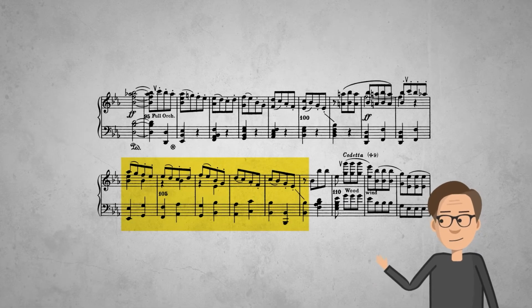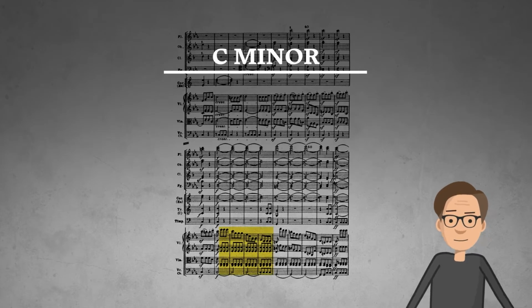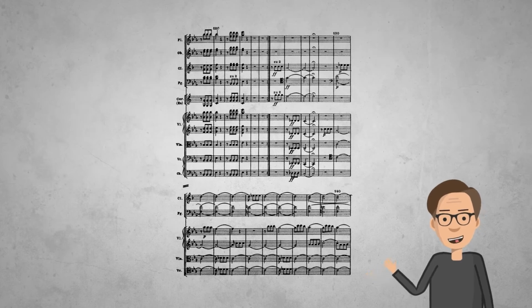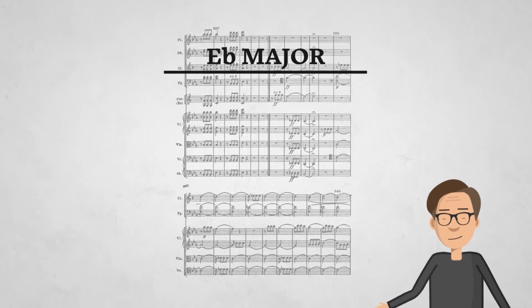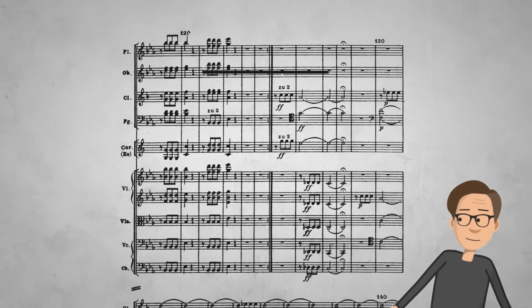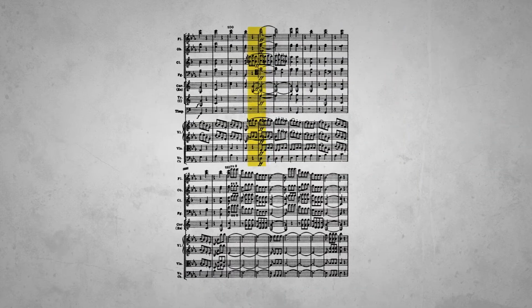And just as the first big climax had thundered out the main motif in C minor, the same thing happens here, but now in the joyous key of E-flat major to conclude the exposition with full, emphatic repetitions of the motif. Here is the whole passage.